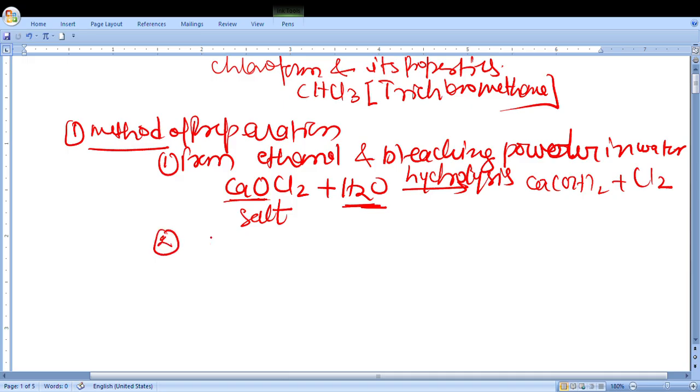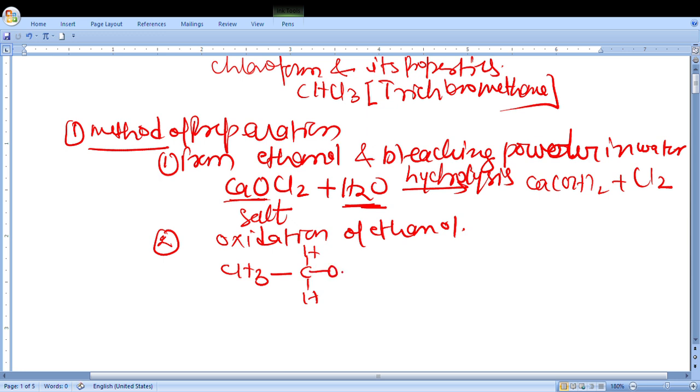Second step will be oxidation of ethanol. So here ethanol has formula CH3CH2OH plus Cl2.